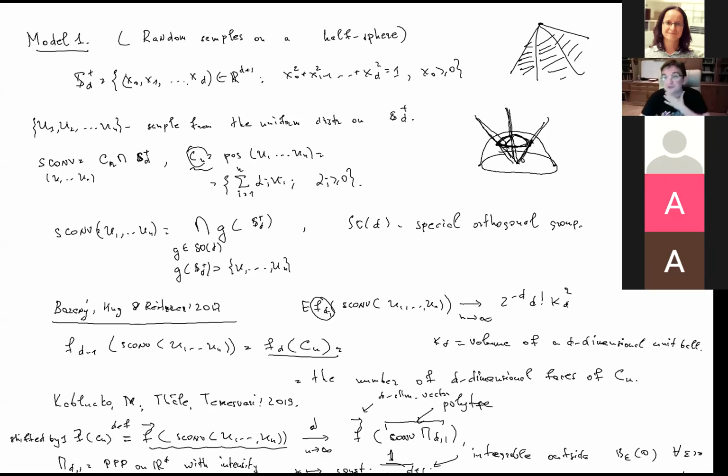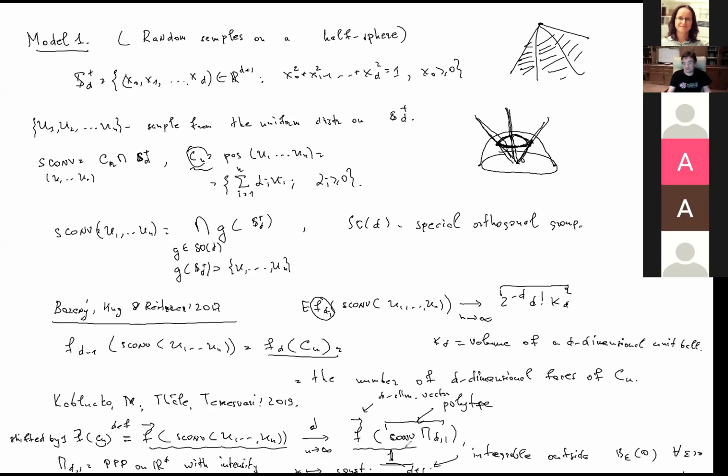Because, as I explained, a one-dimensional edge corresponds to a two-dimensional face of a cone. So all components are shifted by one in Cn. Okay, so this is a result, and of course this constant is nothing else but the expectation of the first component of this vector. And the explanation for this result is quite easy. This is not an exact proof, but just an explanation.